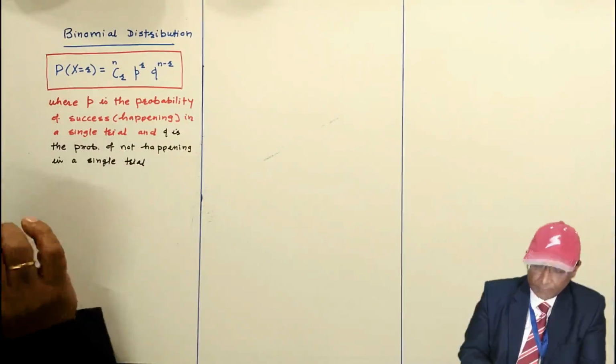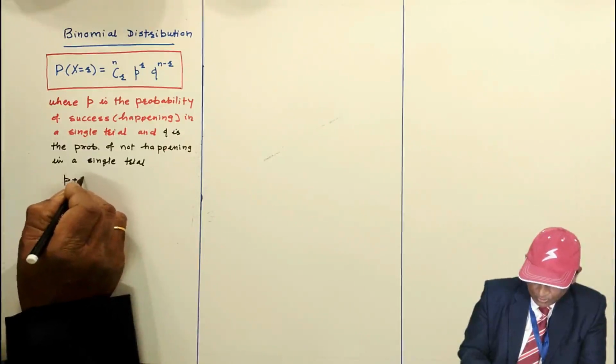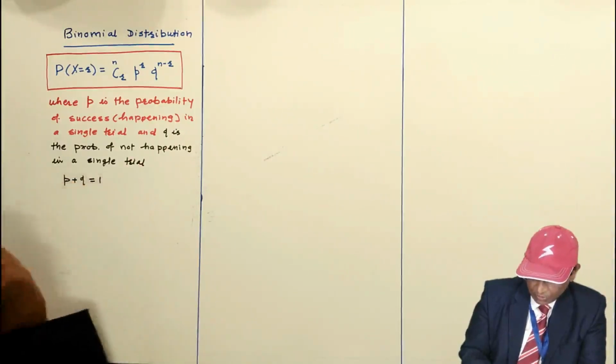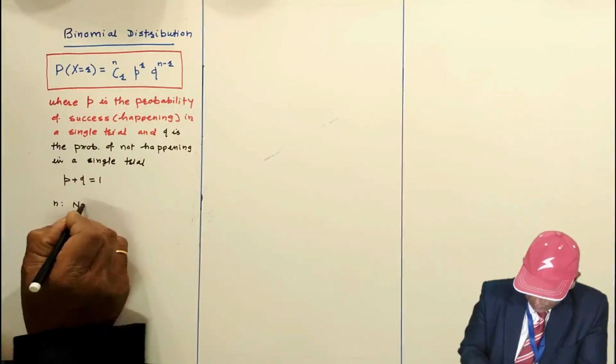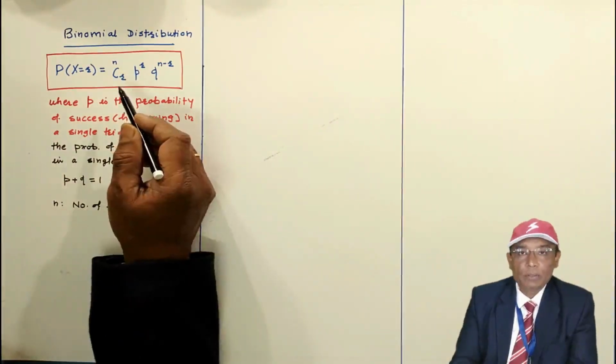It is very clear that p plus q, the probability of success and the probability of failure, is 1. What is n? n is the number of trials here. R is the number of successes you get in n trials.